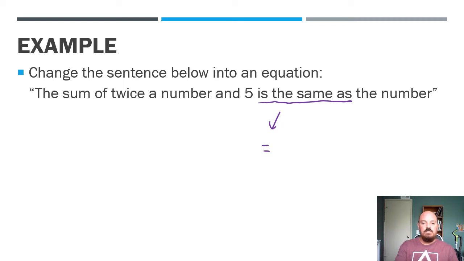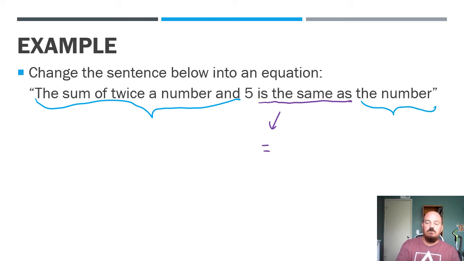So now what you want to do is think of this as almost like two separate problems. This is one expression, that's like a Module 1 question, and this is the other one. So let's do each one of those one at a time. The sum of twice a number and 5.